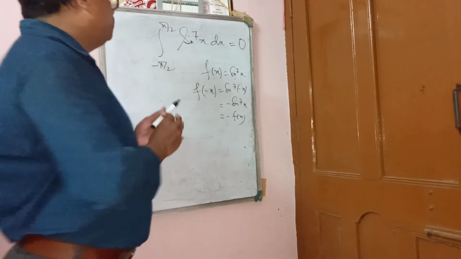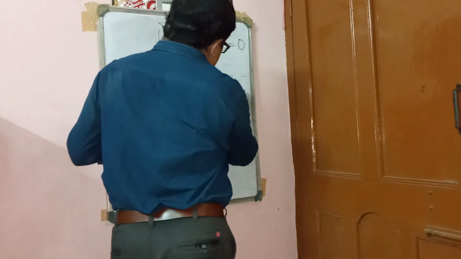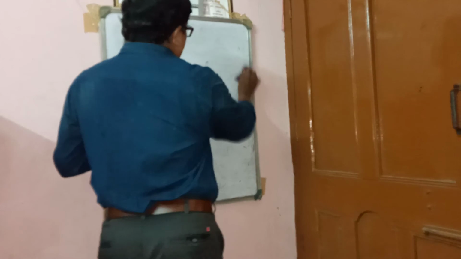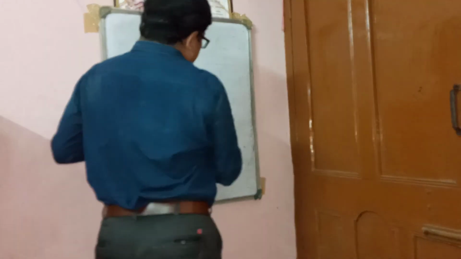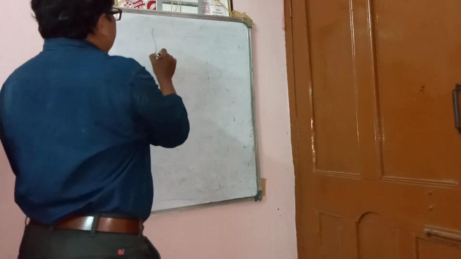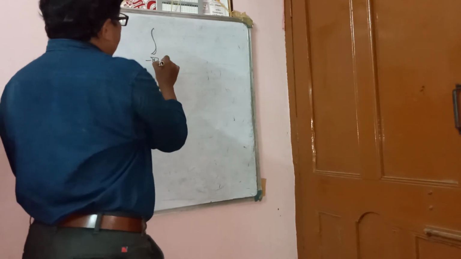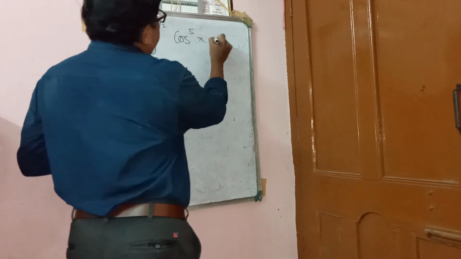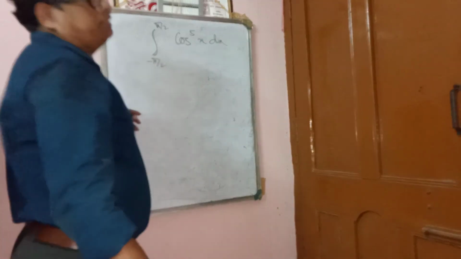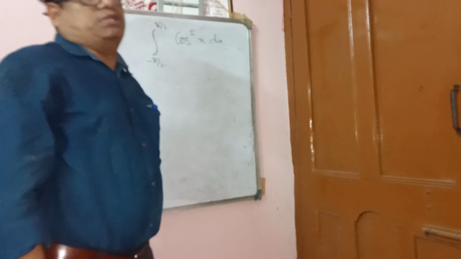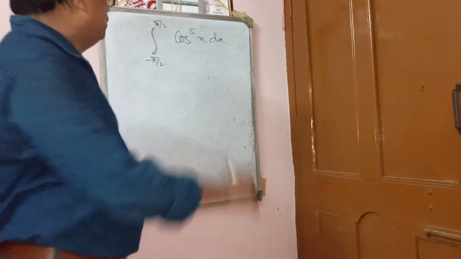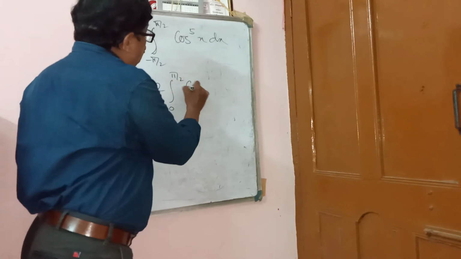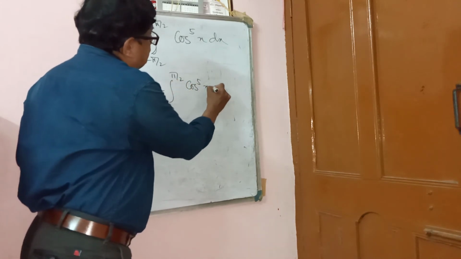Suppose we write the integral from minus pi by 2 to plus pi by 2 of cos to the power 5x dx. So this will be an even function. So you can write 2 into the integral from 0 to pi by 2 of cos to the power 5x dx.